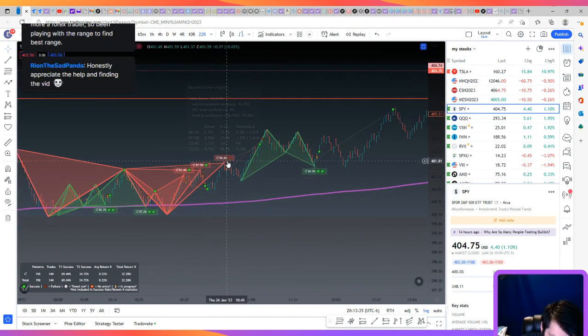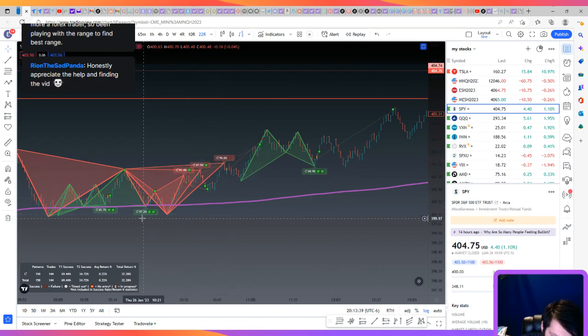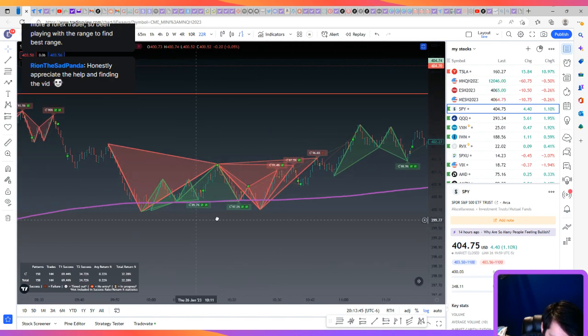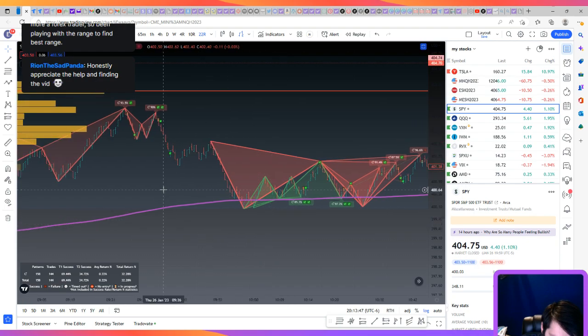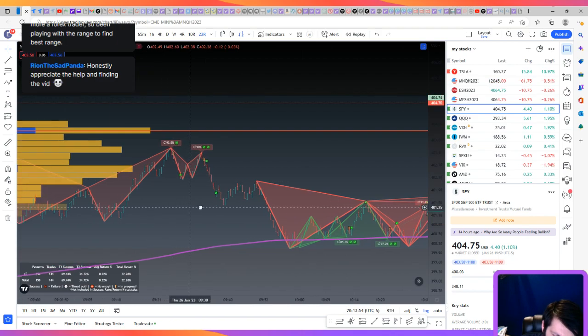So 90%, you have one miss, you have a hit, 2, so 2 for 3 there. This is not over 90. 3 for 4, 4 for 5.